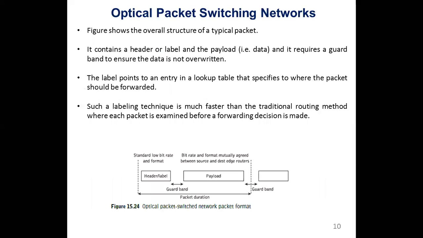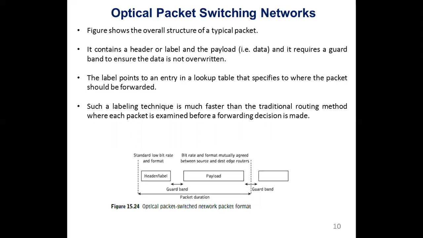The diagram is showing you an optical packet switched network format. This is a typical packet. It will contain a header or a label and a payload, which is the data. The header is basically a standard low bitrate format header or label, whereas the payload bitrate and format will be agreed between the source and the destination routers.